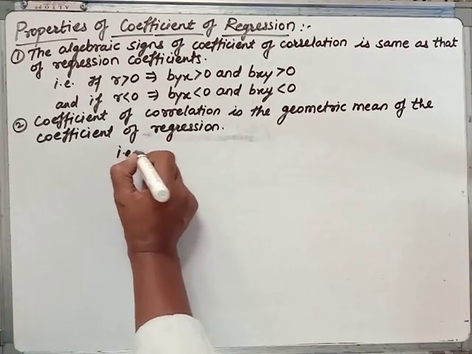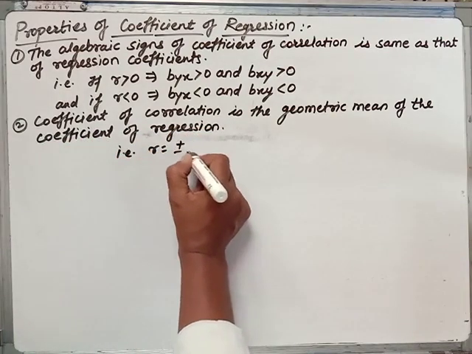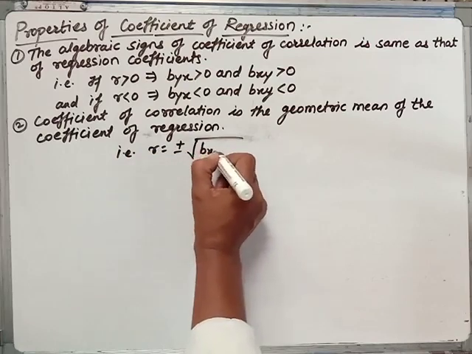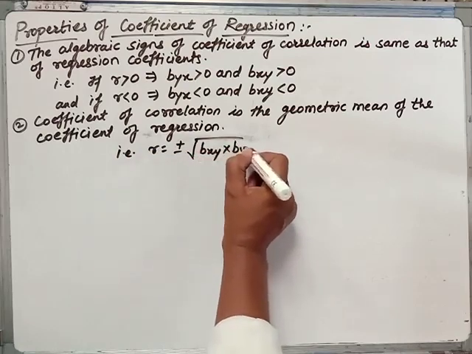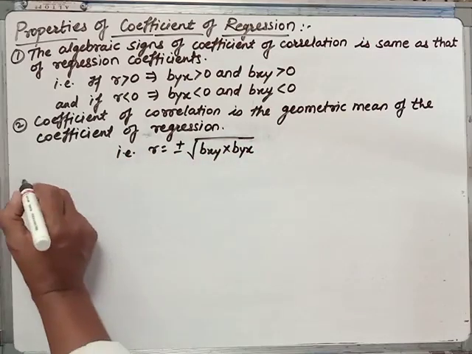That is r is equal to plus or minus the square root of bxy into byx. This one.